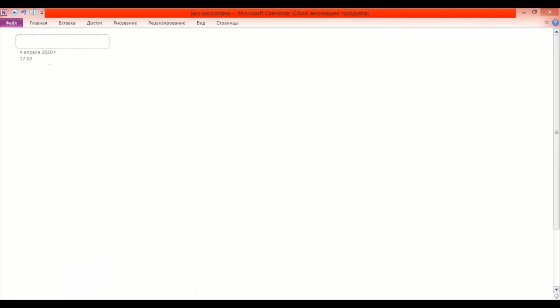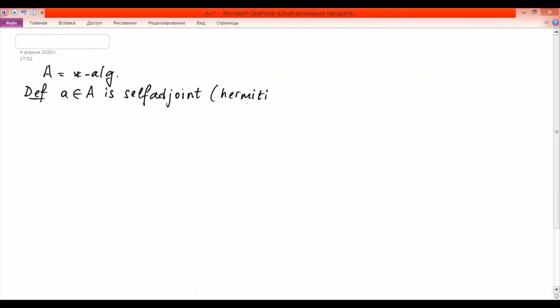We start with some algebraic definitions. Suppose first that A is a star algebra. By definition, we say that an element little a of A is self-adjoint or Hermitian if a star equals a.